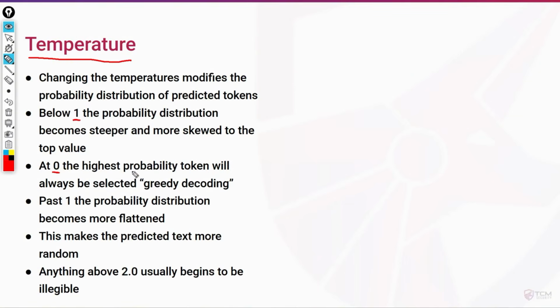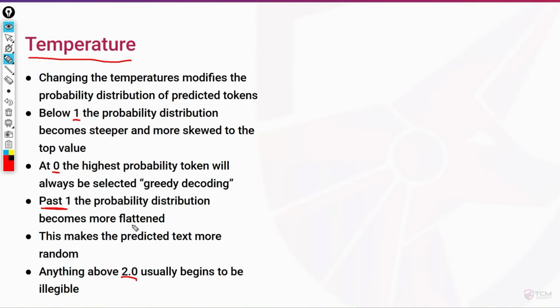It will just be set to a probability of 1. If we go the other direction, past 1, the probability distribution becomes more flattened. This makes the predicted text more random. Anything above 2.0 temperature usually starts to become illegible because it starts picking words that are less likely to be selected, and as we keep adding more of that in, it goes further and further off the rails.